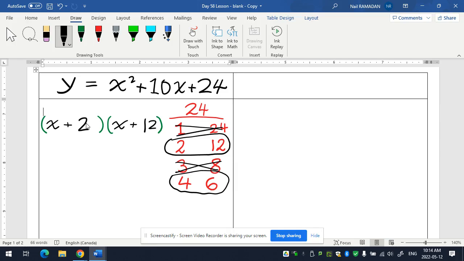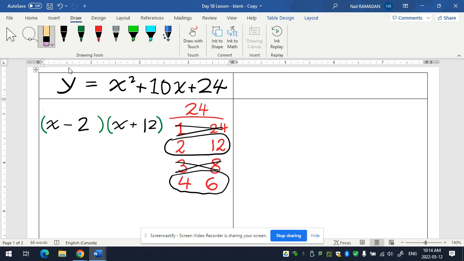Okay, let me try to make this what? Okay, and let's repeat. Again, what's x times x? Okay. What's x times 12? 12x. What's negative 2 times x? Negative 2x.